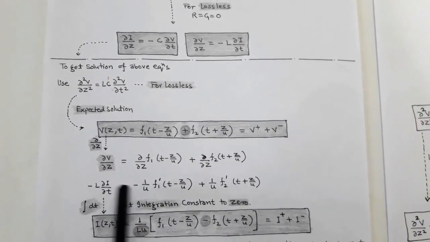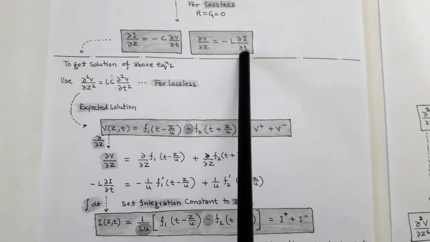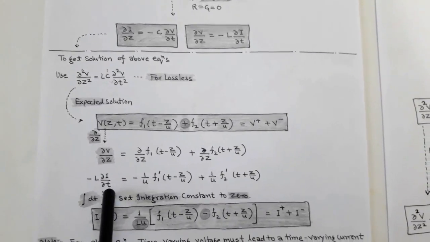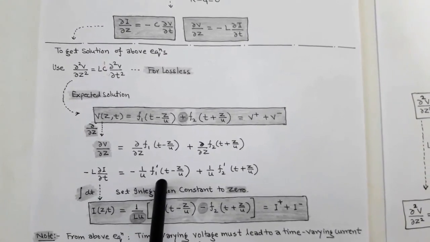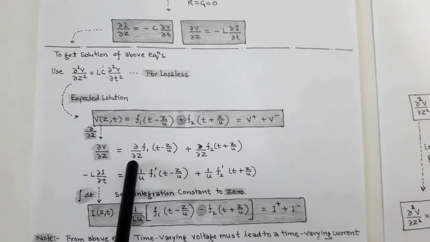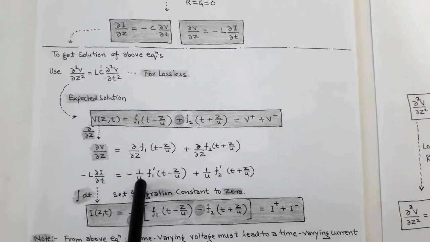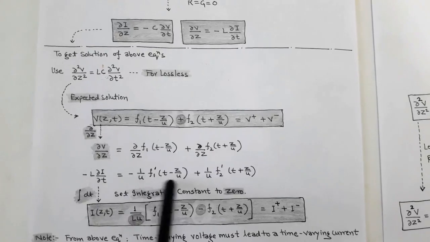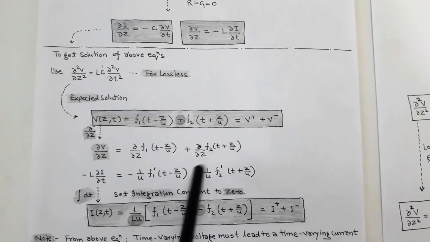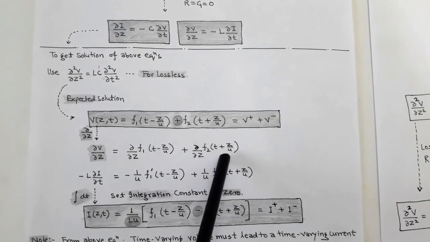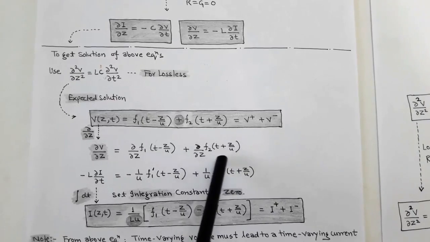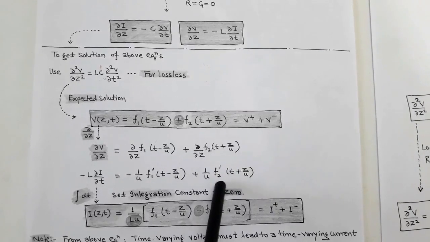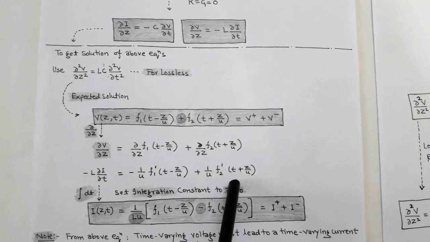So the left side becomes minus L del I upon del T. And the first term, after partial differentiation with respect to Z, gives minus 1 upon u f1 dash of t minus z upon u, and the second term gives 1 upon u f2 dash of t plus z upon u.